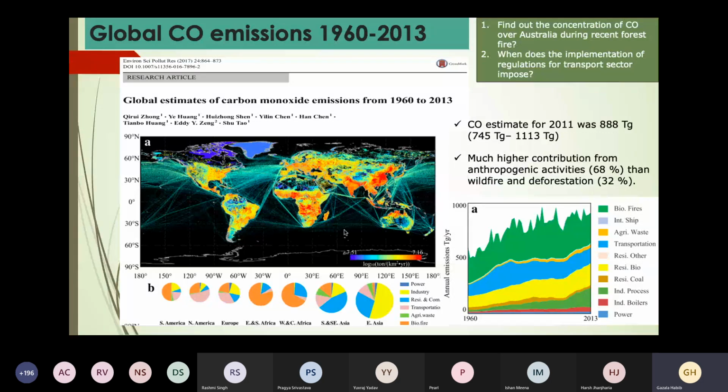While in Southeast Asia, where India comes, in this part you will see the residential and commercial, transportation, and industry. All these three sectors are responsible for more than 75% of CO. And then towards Africa and Eastern Africa, biofires, which is like forest fire or grassland fire, are the main contributor.